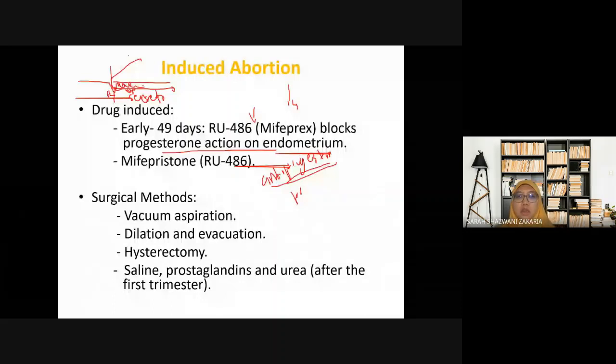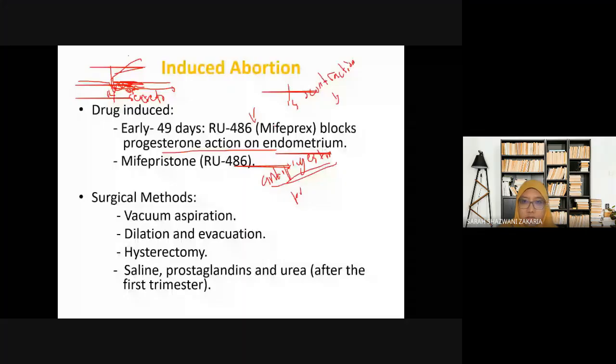So the endometrium will start to slough off lah, ataupun akan ada contraction. Contraction, okay. So dia akan start. Masa normally bila 14 days ada ovulation, ada progesterone, pada condition dekat sini endometrium dalam keadaan relax.